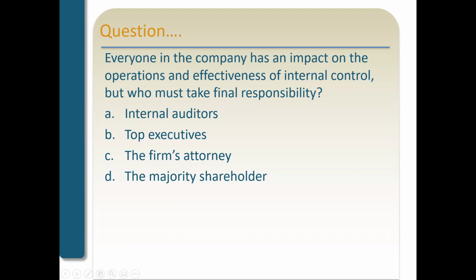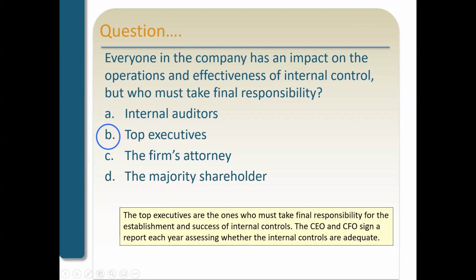Guys, everyone in the company has an impact on the operations and effectiveness of internal controls. But who must ultimately take the final responsibility? Is it internal auditors? Top executives? The firm's attorneys?